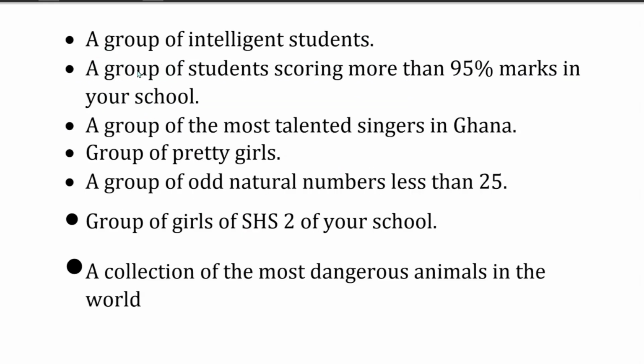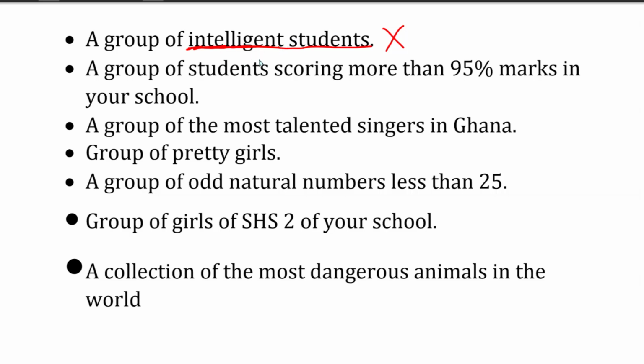Alright, let's look at this group of objects and see which of them form a set. A group of intelligent students. Wow, the first group, with the property intelligent students, doesn't form a set because intelligent is relative or subjective.